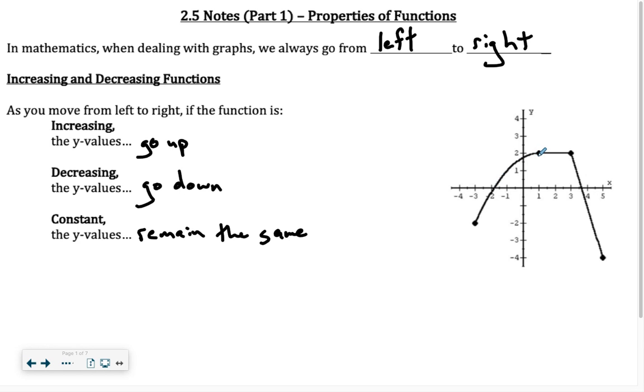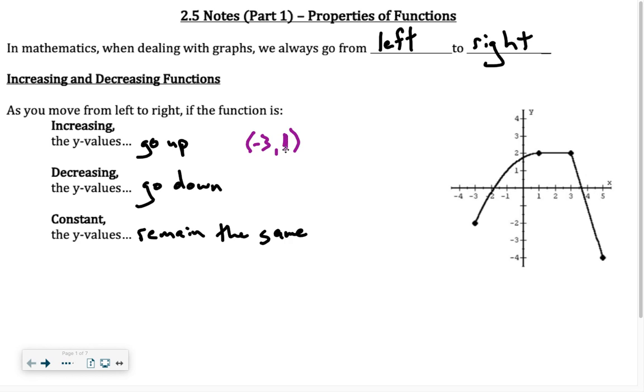Now, when we write intervals to describe where a function is increasing or decreasing, we are always talking about the x values. Okay, so I'm going to say that this function is increasing on the interval -3 to 1. Okay, I'm talking about the x values where this function is increasing. So for this example, we're going to say it's increasing on the interval -3 to 1.